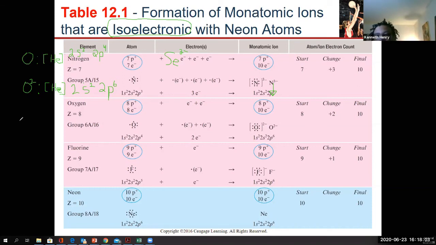Now let's look at neon. What is the electron configuration of neon? Let's do it with the noble gas core, just like we're doing it. You just put NE in brackets. Isn't it HE in brackets?